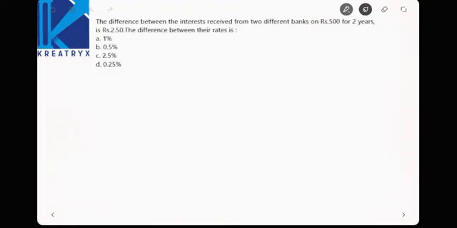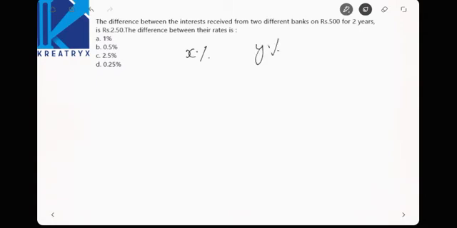Next, the difference between the interest received from two different banks on 500 for 2 years is rupees 2.55, the difference between their rates. So you have to find out the difference between rate of interest, right? Let the first bank interest rate be X%, second bank interest rate be Y%.